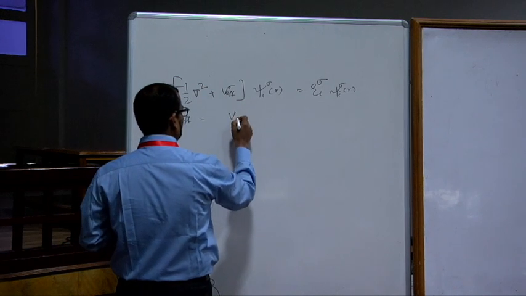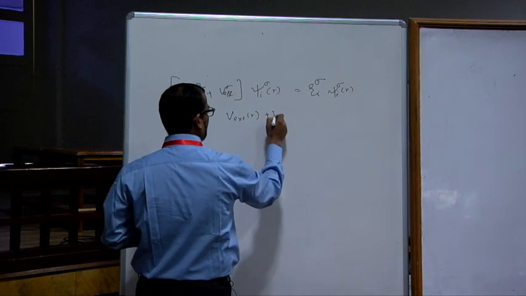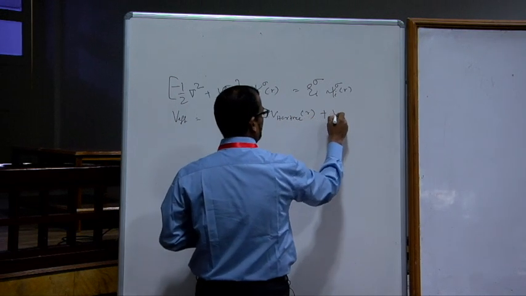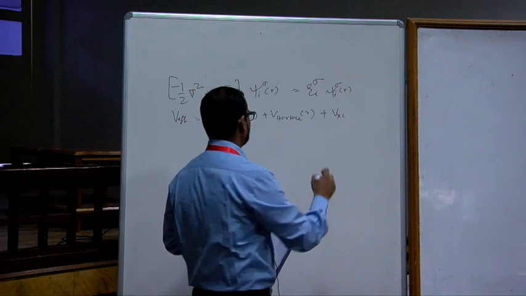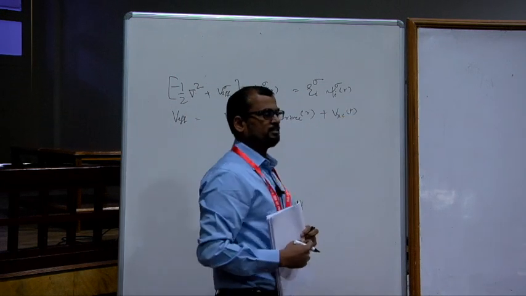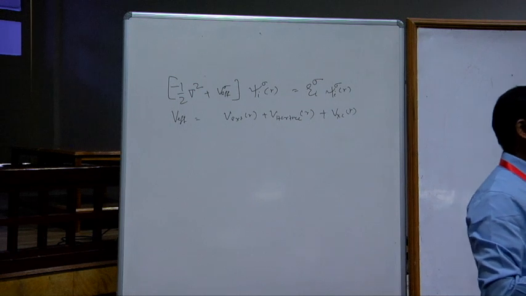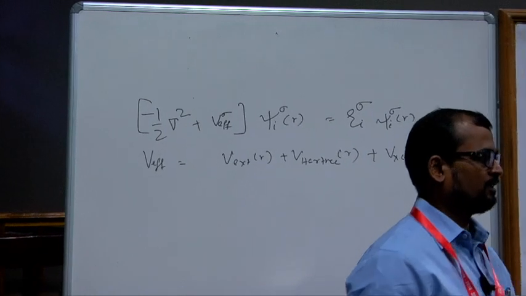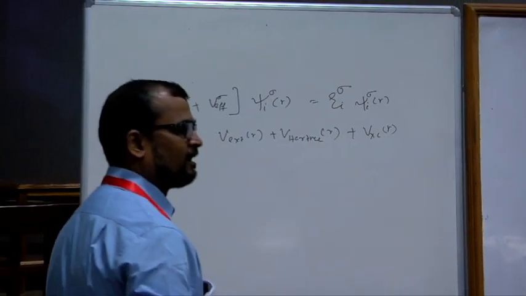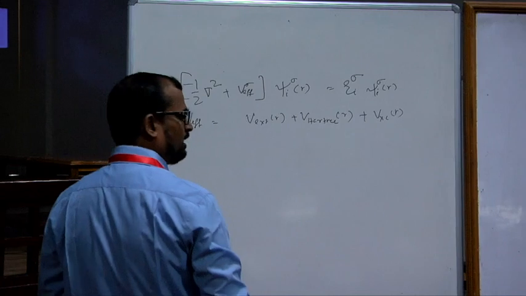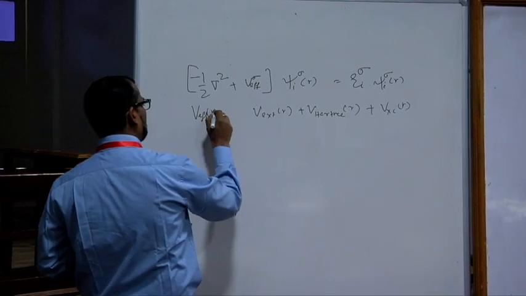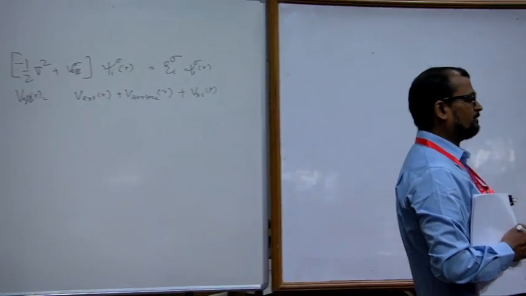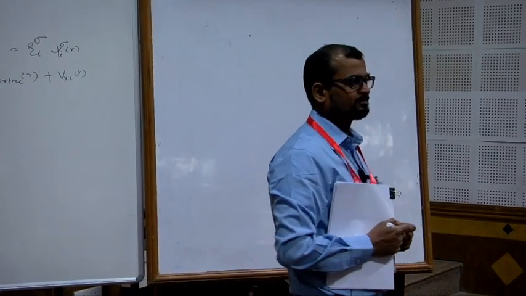You can nicely write it as V external of r plus V Hartree plus the exchange correlation. These are the things taught to you by several speakers, including Professor Manoj Harbola, and yesterday Swapna must have talked about it. Now the question is that, depending on the nature of this potential, you get different solutions to the system.